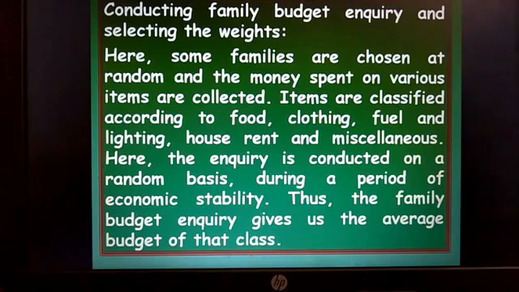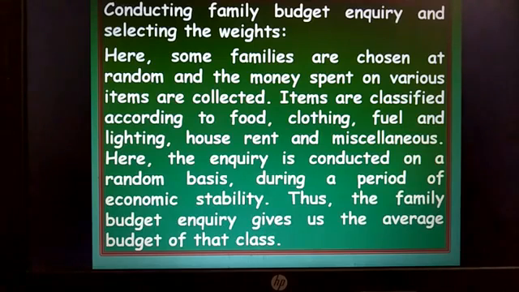Because of corona pandemic, the year is considered globally unstable economic year. So such things should not be observed in any year. Such year we may have to observe and conduct the family budget inquiry.